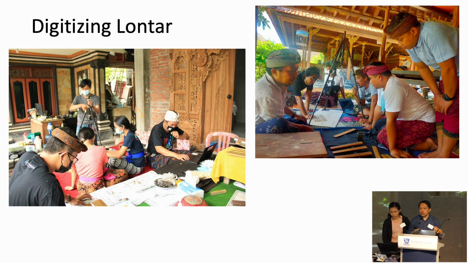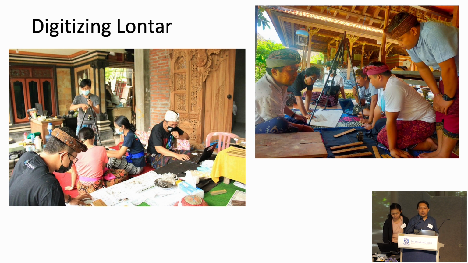The manuscript has hundreds of pages, but we only got permission for the first and last pages. Why? Because in philology, the first page usually contains the identity of the Lontar, the title, and who the writer is, and the last page usually contains the date when the Lontar was written.